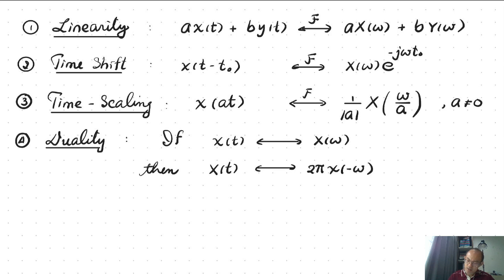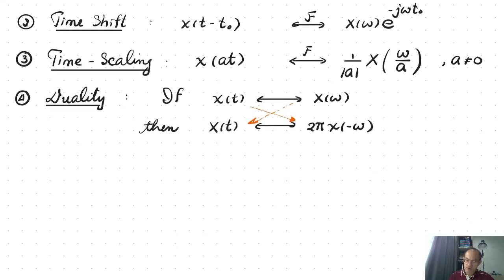Now, the way to remember this is x of t here will move across to the right, and we have to replace t with minus omega, and the capital X here will move across to the left, replacing omega with t. So it goes like this.